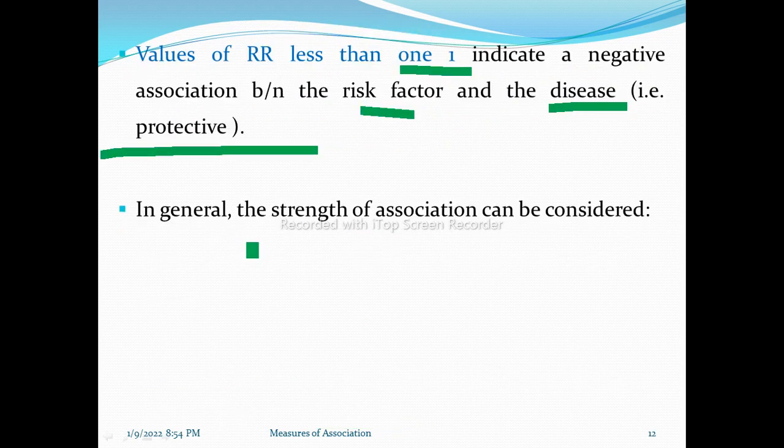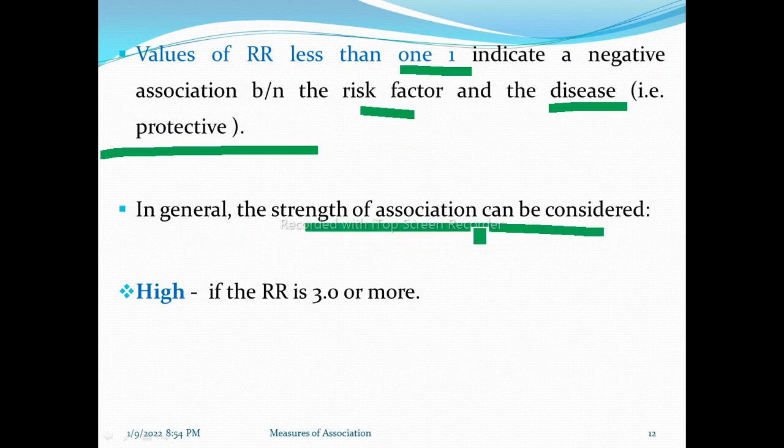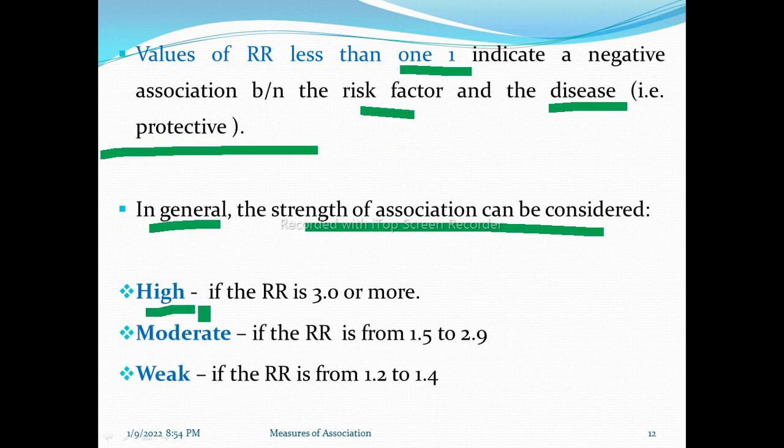In general, the strength of association can be considered as follows. There is a strong association if the relative risk is above 3; we can say there is a strong association between risk factor and disease.